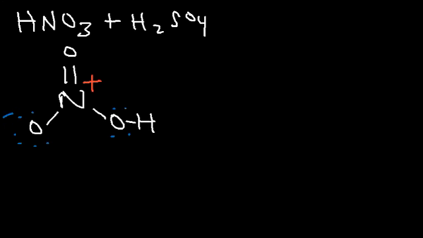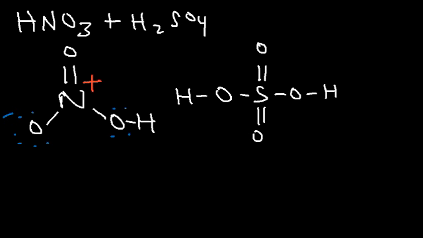So now this is going to react with sulfuric acid, and sulfuric acid is a strong acid. It's very easy to remove the first proton. And so this oxygen is going to grab a hydrogen from sulfuric acid. And whenever an OH grabs the hydrogen, you get H2O, and it turns into a good leaving group.